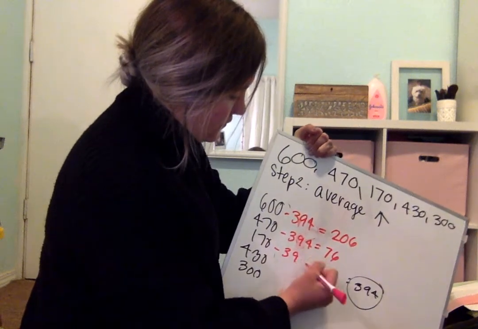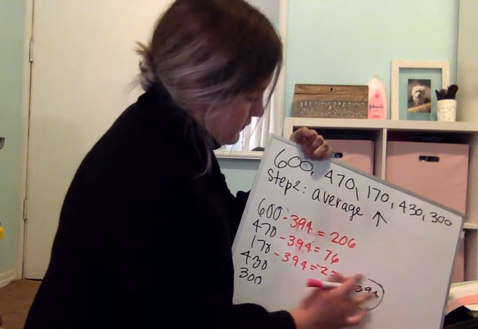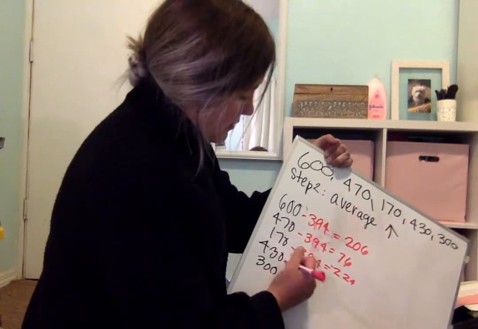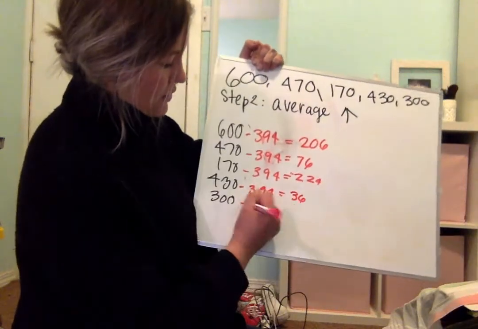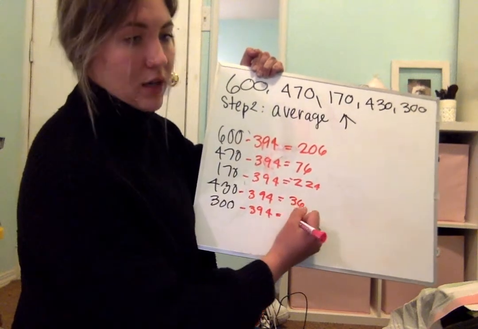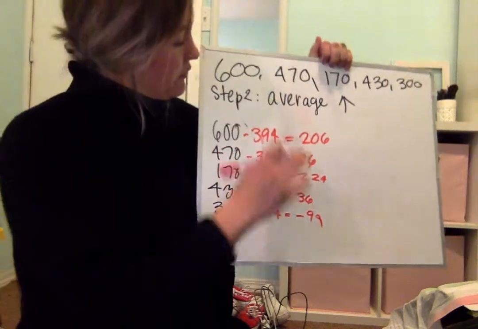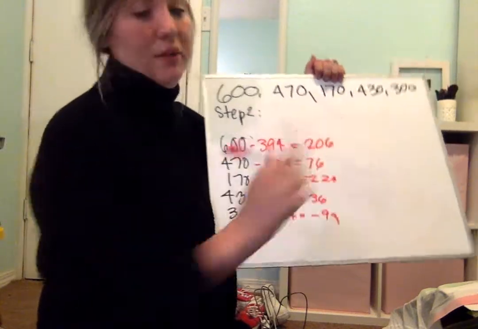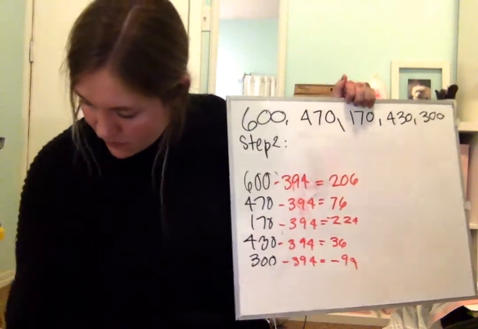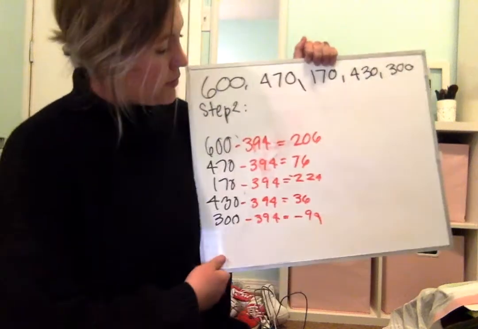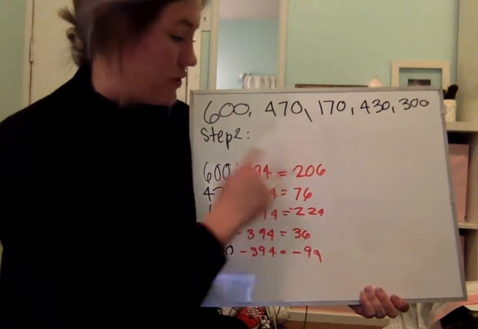Minus 394, you get negative 224. Minus 394, negative 36, and minus 394 for the last one, you get negative 94. So that's step 2: finding the difference of the numbers from the original data set from the average, which was 394.